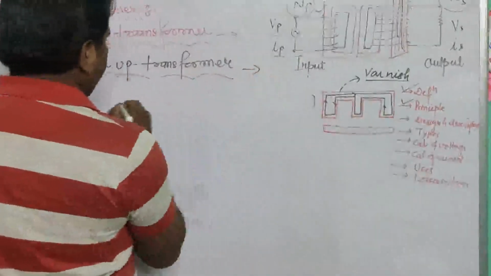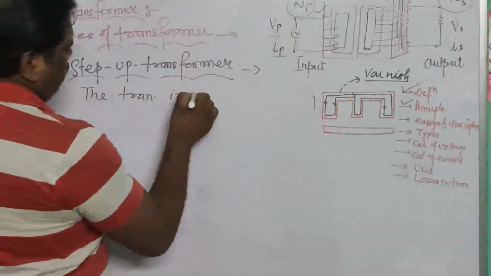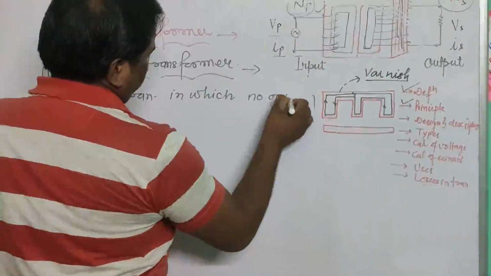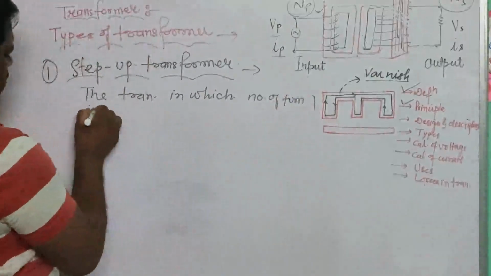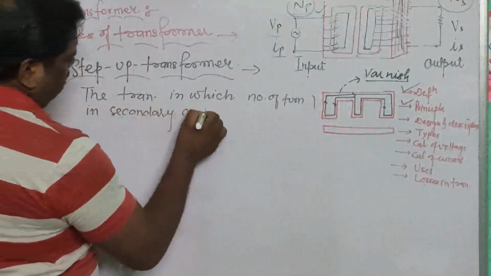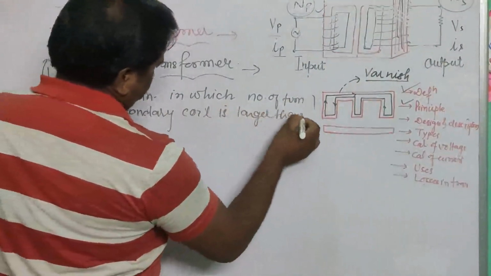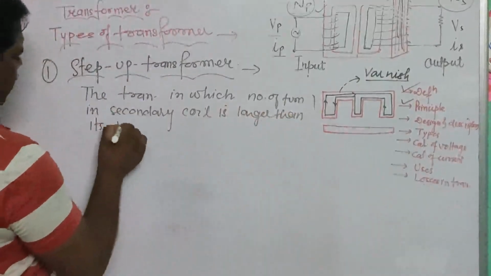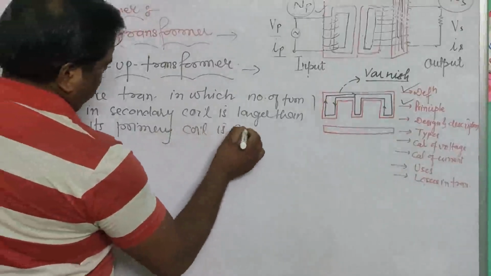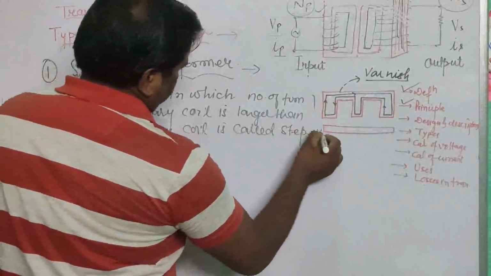It can be defined as the transformer in which the number of turns in the secondary coil is larger than its primary coil is called step up transformer.